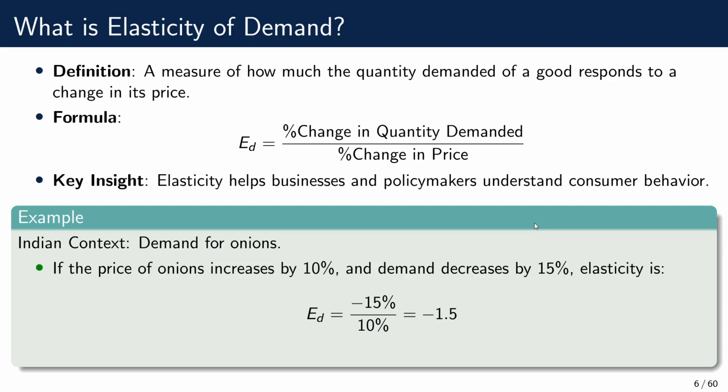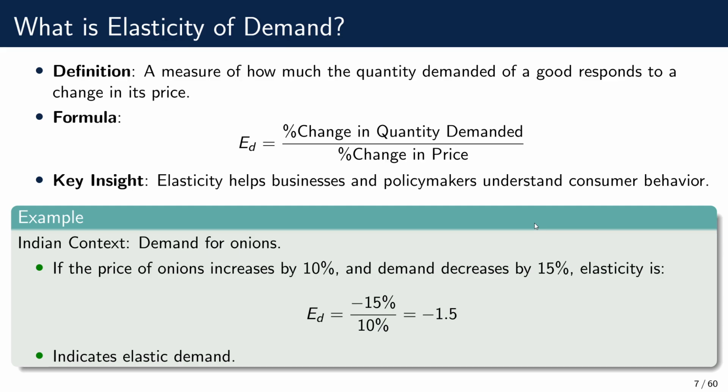So the elasticity will be minus 15% because it is a decrease, that's why there is a minus sign, divided by plus 10% because this is an increase, which results in minus 1.5, which indicates that there is elastic demand.